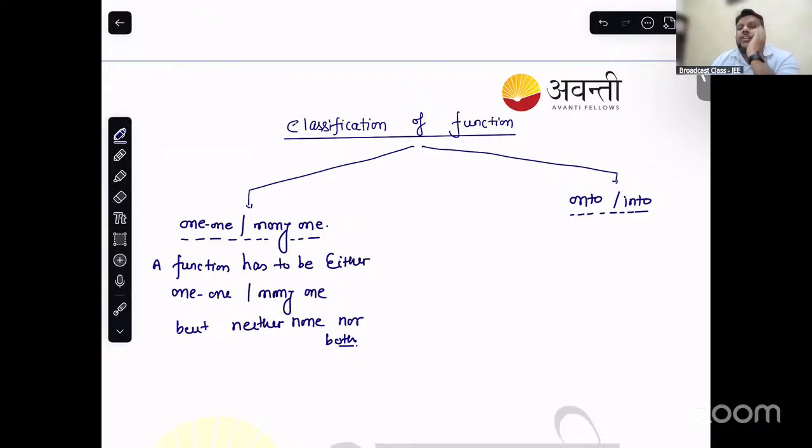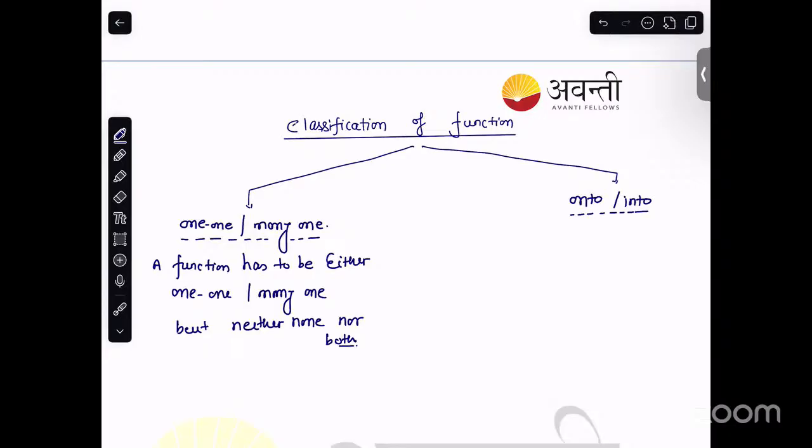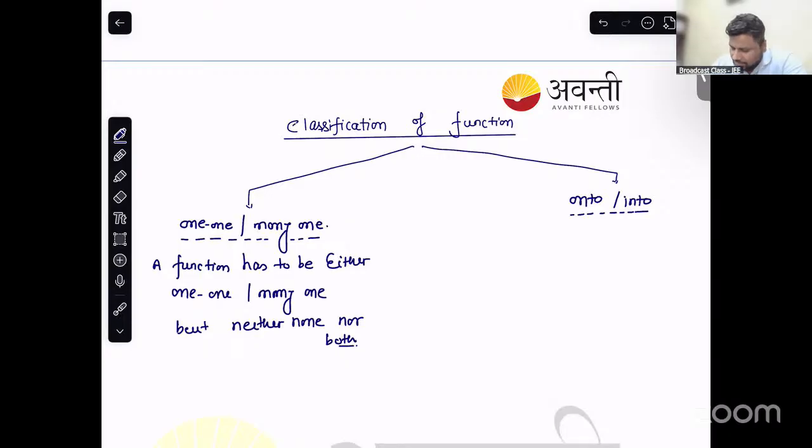Like you remember we studied symmetric and skew-symmetric matrices? There are matrices which are neither symmetric nor skew-symmetric.